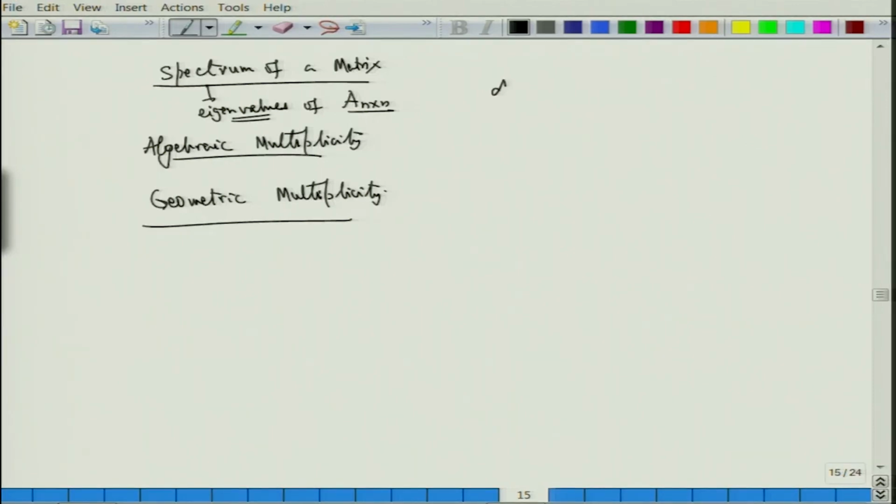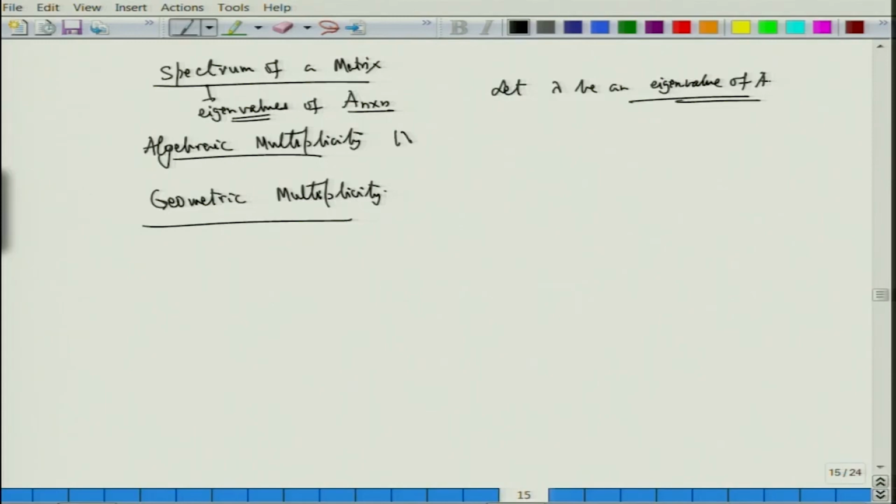So, let lambda be an eigenvalue of A. Recall, we are doing everything over complex numbers. So, let lambda be an eigenvalue of A. This is the assumption.